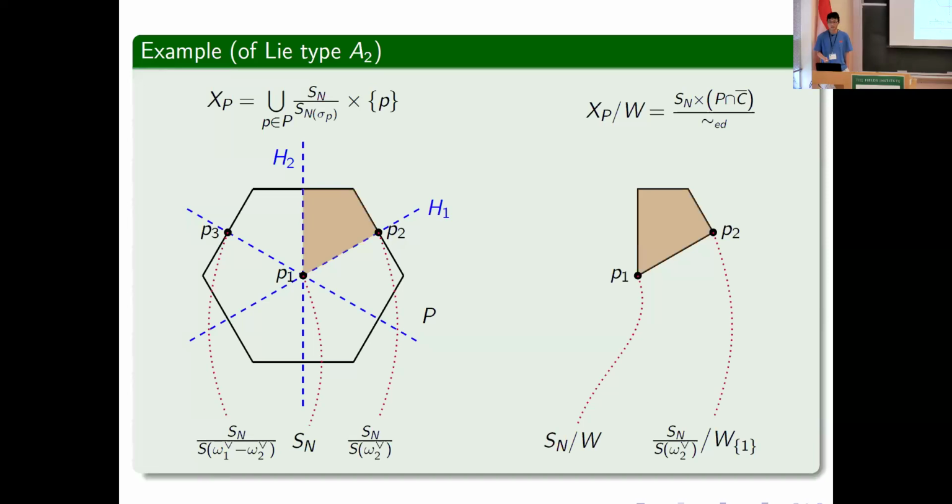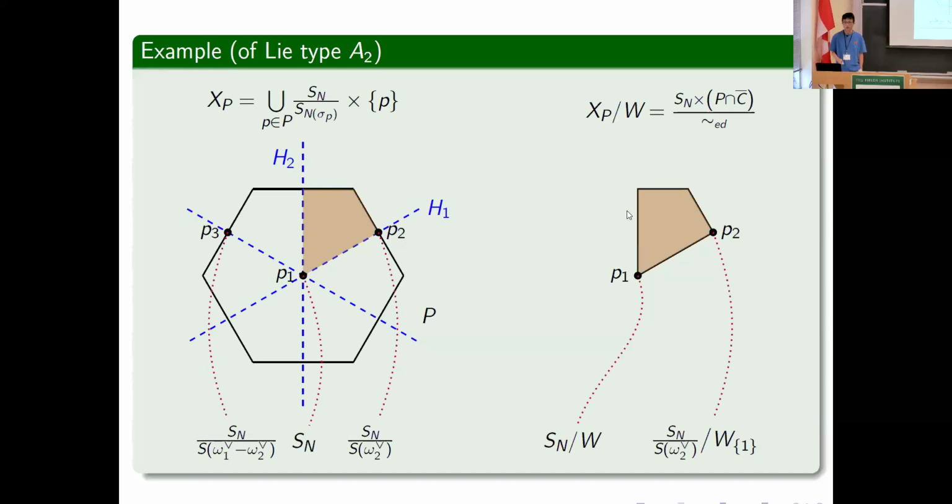Okay, and how can we get the quotient? In the quotient, the torus at p3 is conjugate to the torus at p2. So in general, we can just consider the index points in the quotient polytope. Let's see what the space at p2 is in the quotient.